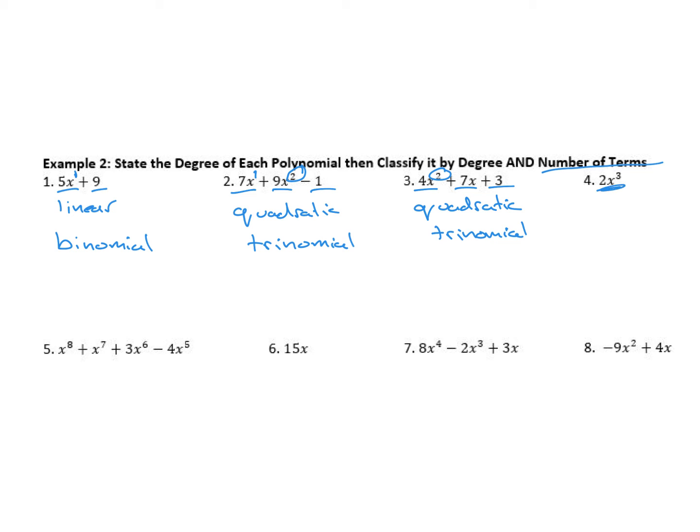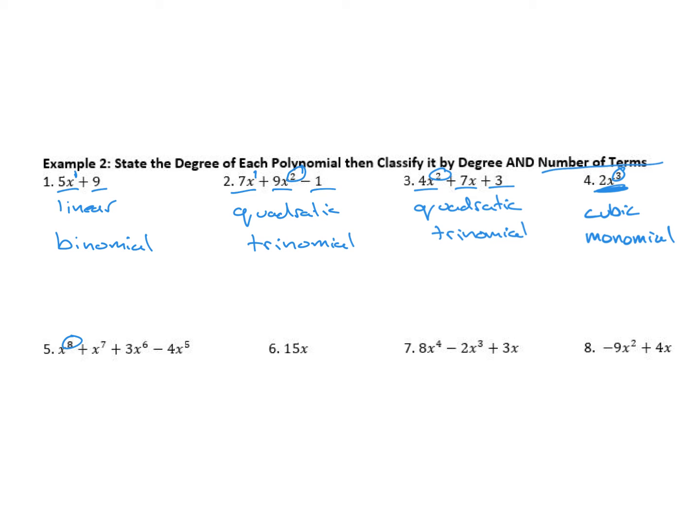Okay, number 4, we only got 3 as our degree, which is going to be what's called a cubic. And we only see 1 term here. Well, this is back to just 1 term being monomial. Okay, as you look through each of these, label them the best we can. You might see in number 5, that 8 there.